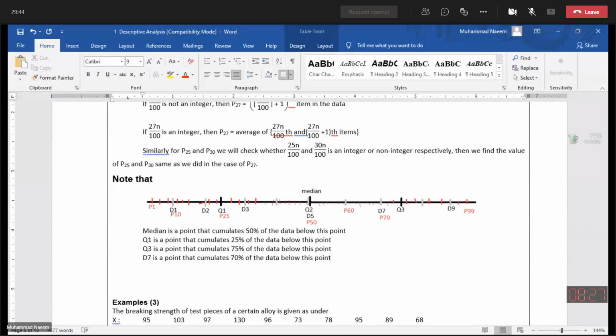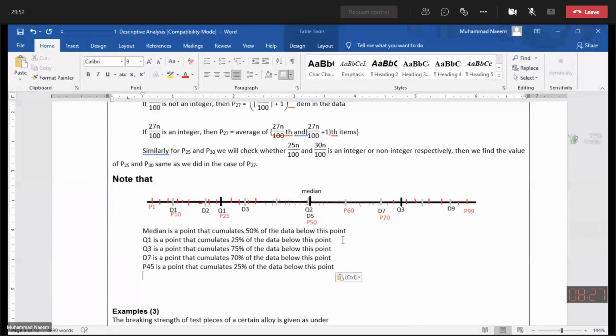Similarly, P45 is a point which accumulates 45 percent of the data below this point.